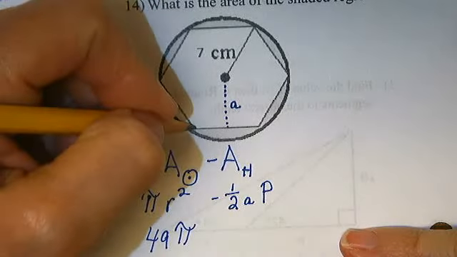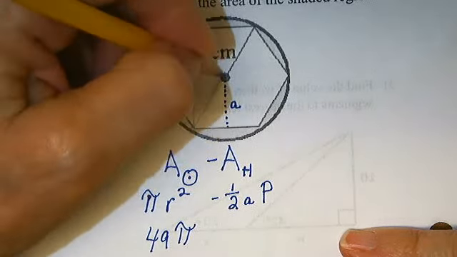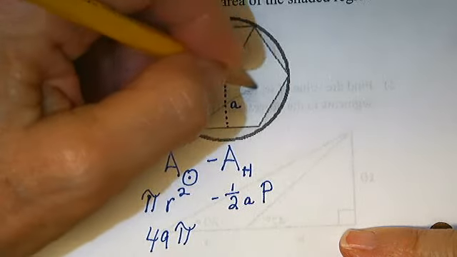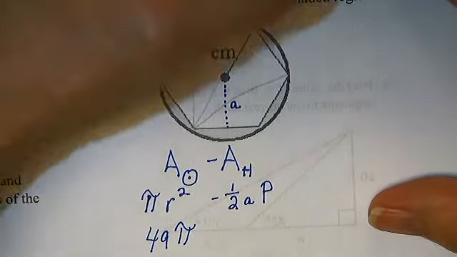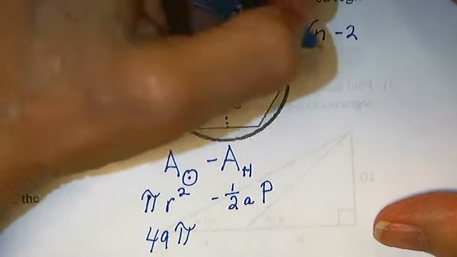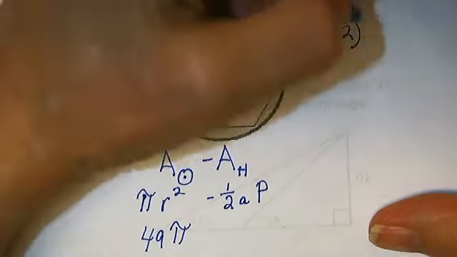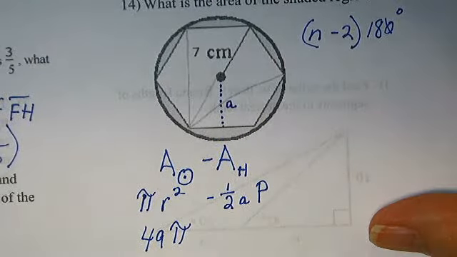It is the number of sides of the polygon minus 2, times 180 degrees. Do you remember that? Why is it true?